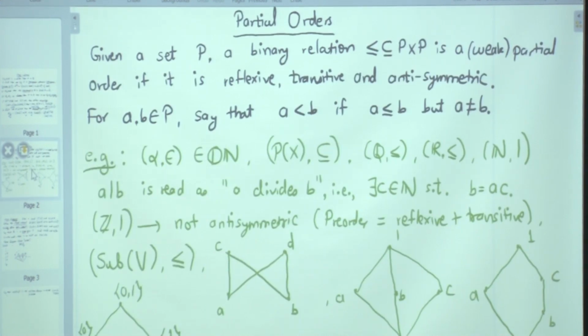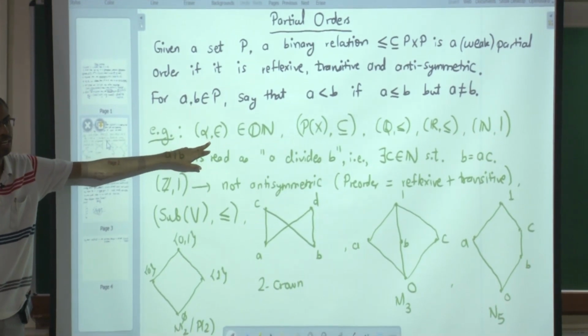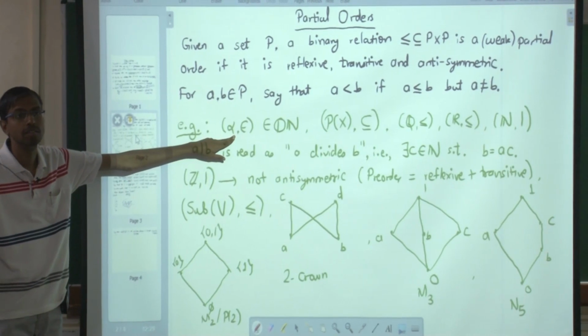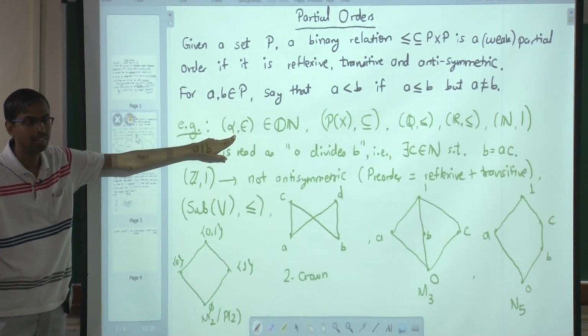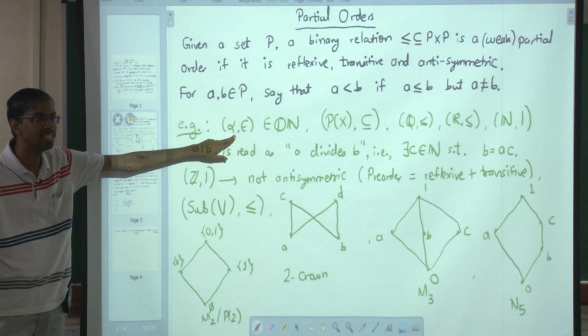I am switching my slide. Okay, tell me, alpha belongs to, does this have a minimum element? Yes or no? That is a wrong answer. See, what if it is 0? If alpha is 0 itself, then it doesn't have a minimum element.